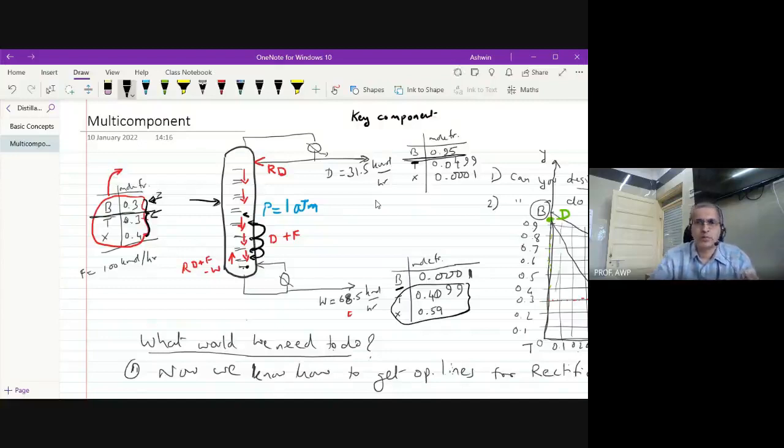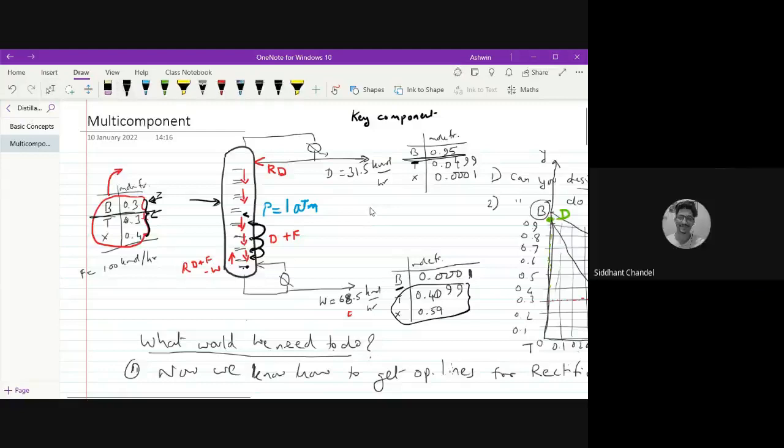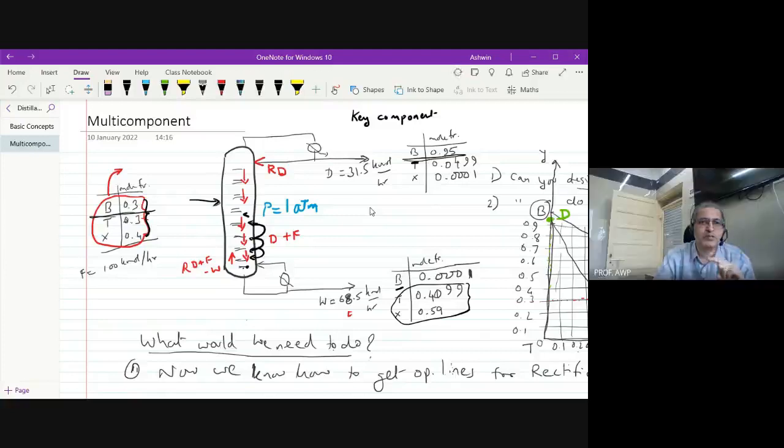Yeah, Siddhant. Yes, sir. In the stripping section, we are stripping out benzene from the liquid. That's why it is called a stripping section, isn't it? Yes, sir.